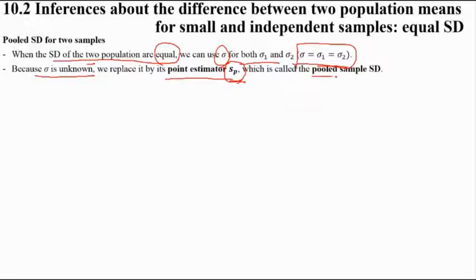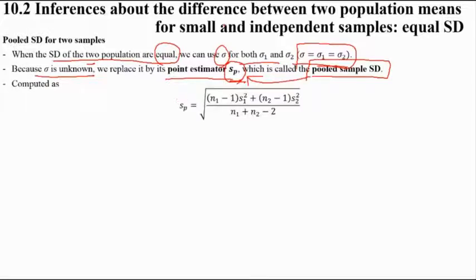It is called the pooled sample standard deviation. That's why there is a P here. S means sample, and P means pooled sample standard deviation, used when the population standard deviation is unknown.